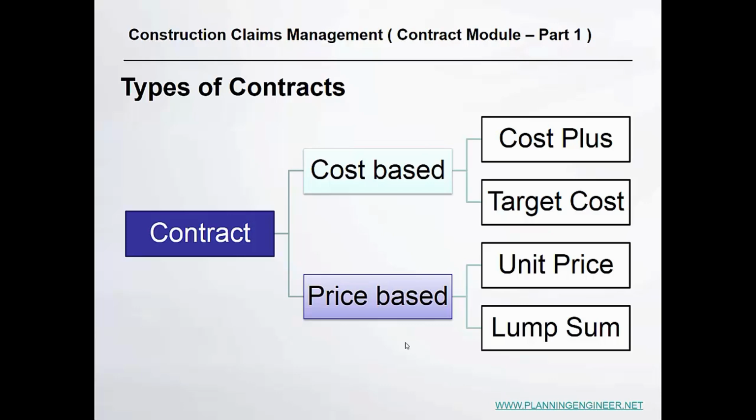Then they developed this cost plus contract into another term called target cost. It means that the client and the contractor will agree on a certain amount to execute this project. However, if the contractor succeeds in executing the project with a lesser amount, both client and contractor will share the profit with a certain percentage, which is called a win-win situation.